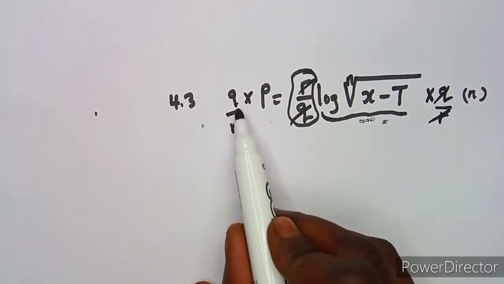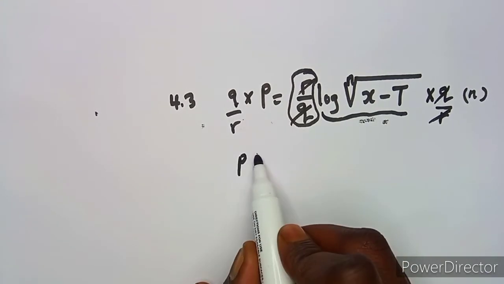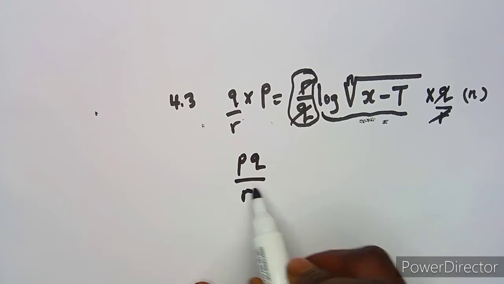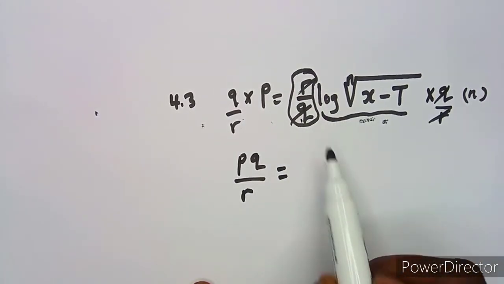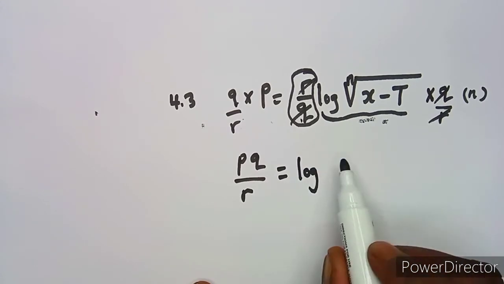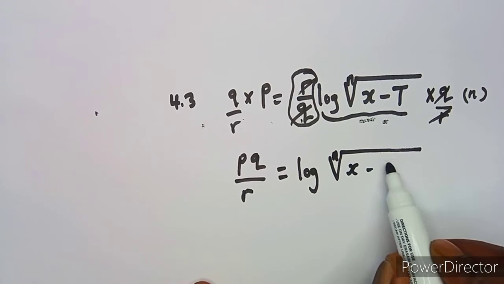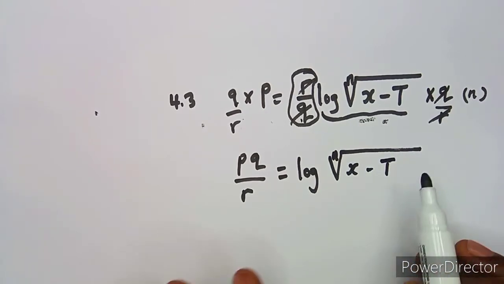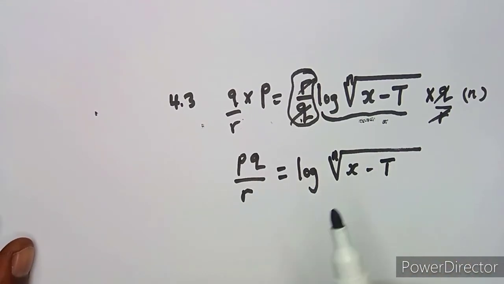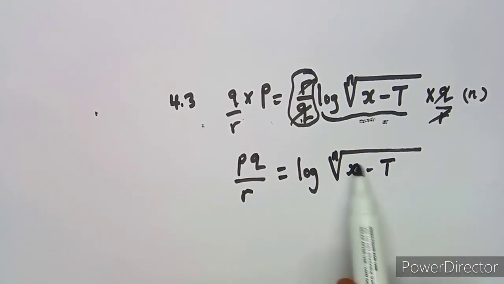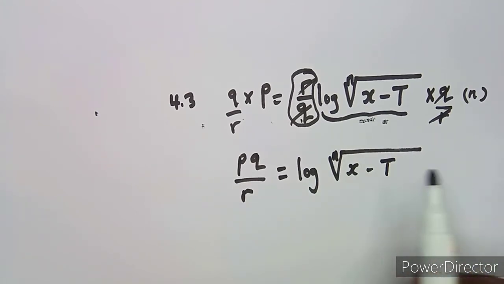All right, so that means we are going to remain with the q times p, that's pq over r like this, which is equal to, so you have removed this, we are left with log, so it's going to be log the nth root of x minus t. All right, now we can clearly see the part that we want to make the subject here, but let's start by resolving this from your laws of exponent.